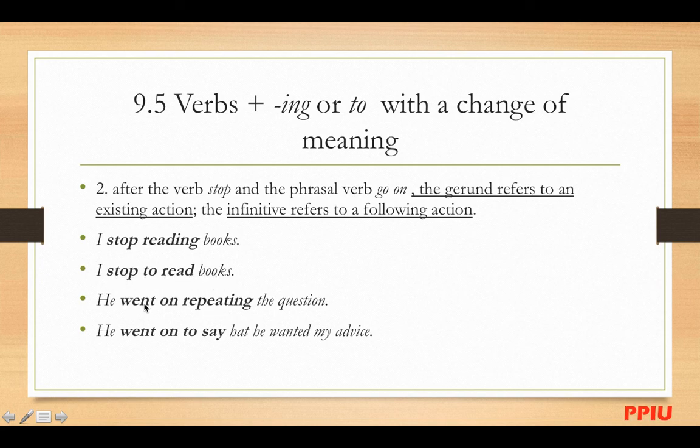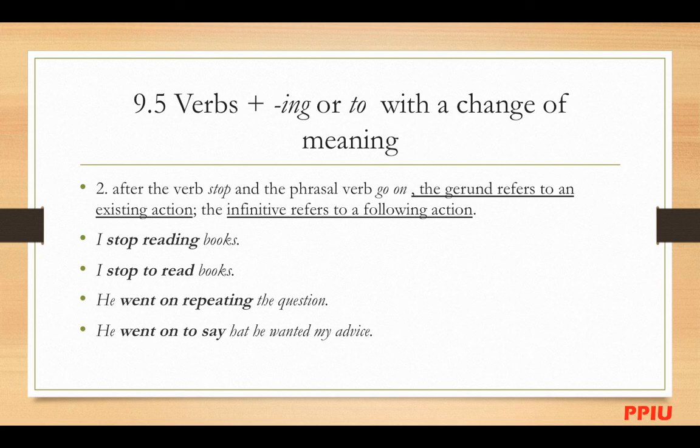And he went on repeating the question too. If you say he went on repeating the question, it refers to an existing action. So he keeps repeating the question again and again, and no one answers his question.